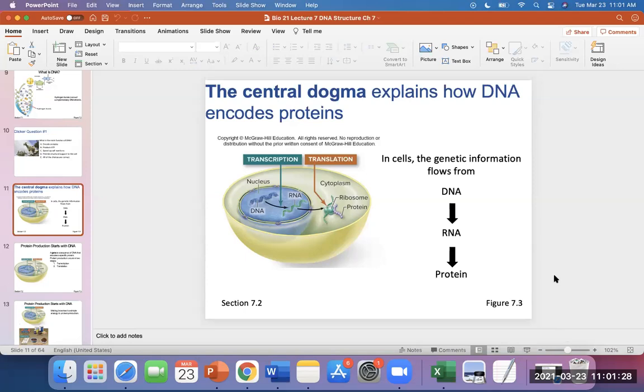Kaylin, were you about to say something? That it explains transcription and translation for DNA. So the central dogma is going from DNA to RNA to protein. It's not only DNA to RNA or RNA to protein, it's the way genetic information flows: from DNA to RNA to protein. That's the central dogma of biology. Make sure you know this.